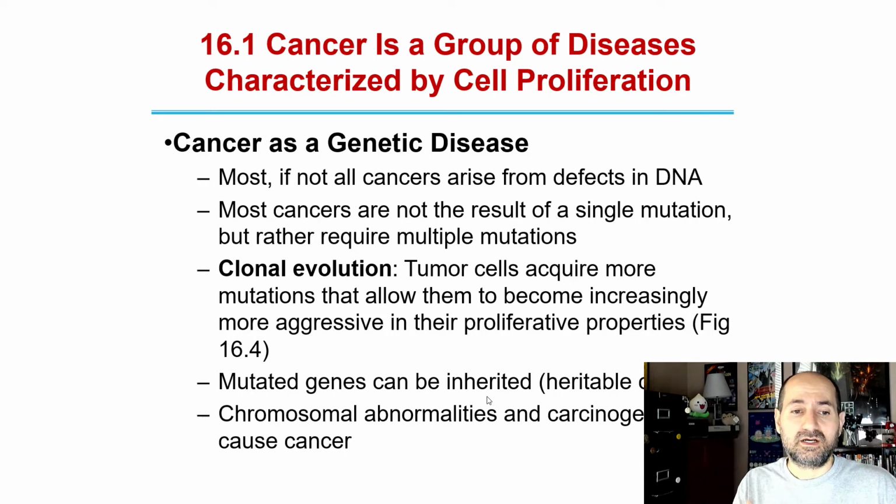That's how you can pass on a high likelihood of a cancer. That's why cancers can run in the family, because if you inherit an already mutated gene, and that gene is important in the cell cycle, then you are more prone to that kind of cancer.